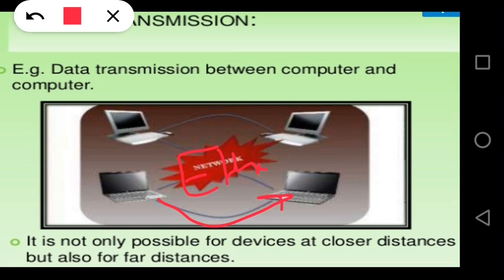It is possible not only for devices at closer distances but also for far distances. This is how the internet works, right? If you take an internet connection from any internet service provider, broadband service provider, they will give you a wired connection or a wireless router, right? So the whole internet works on this technique called serial transmission.